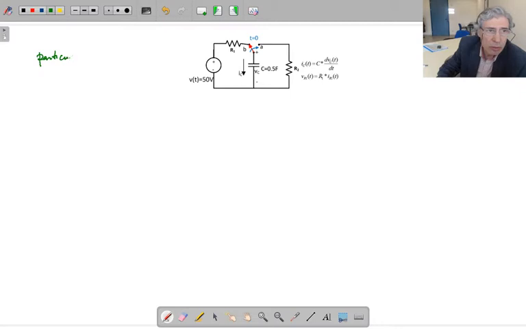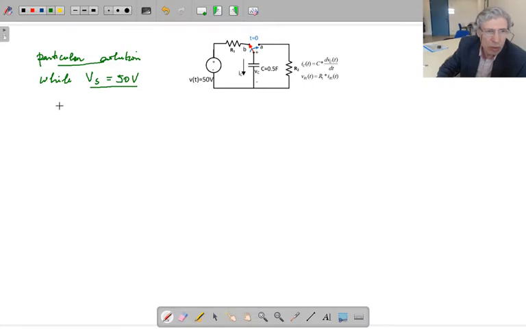Particular solution, while Vs is equal to 50 volts. If it is a particular solution, it's going to be the same form as the source function.